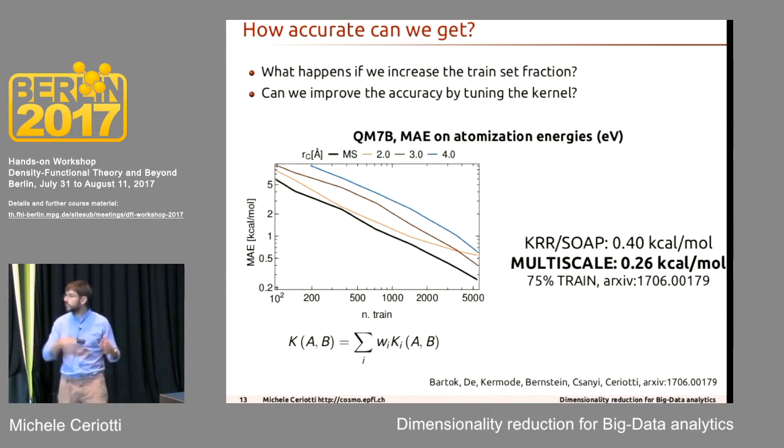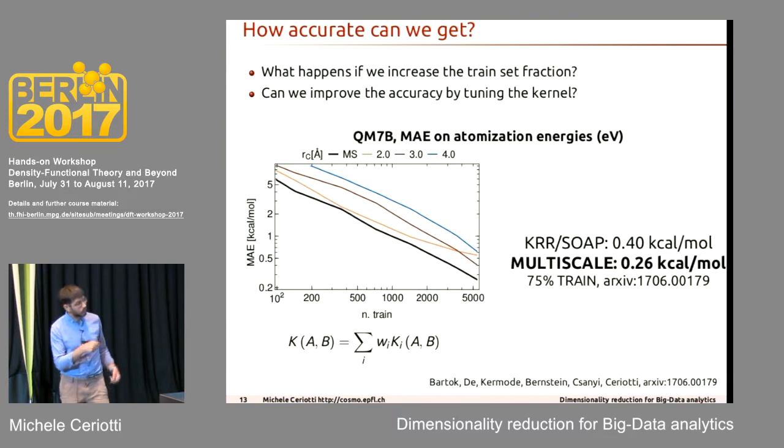And we did this also on the larger GDB9 dataset, and there you see that when you really push to larger and larger number of training structures, the even longer length scales become important when you want to push the accuracy below, let's say, the half kilocalorie per mole.